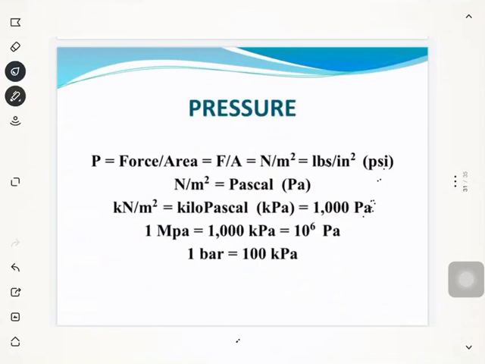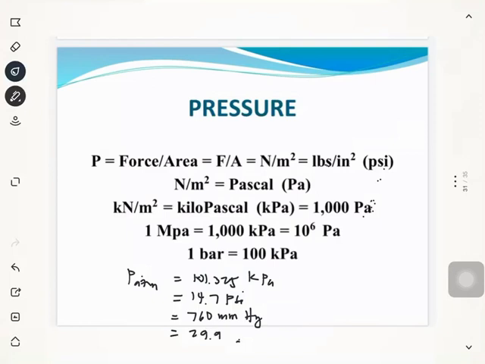You have terms of atmospheric pressure. Atmospheric pressure is equivalent to 101.325 kilopascal, and this is also equivalent to 14.7 psi, and this is equivalent to 760 millimeters of mercury, or this is 29.92 inch of water.